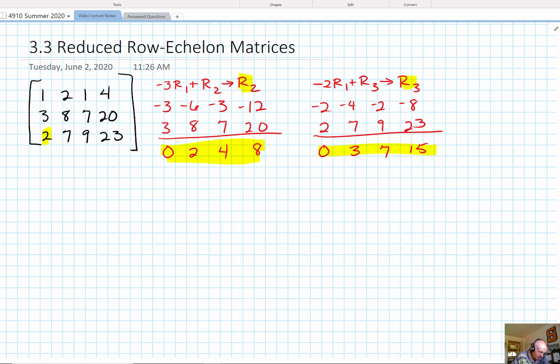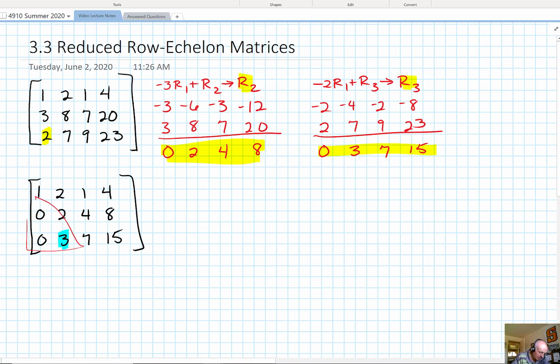Okay, so now we do need to write down our matrix. We've got our leading term right there, and then new row 2, so we've created a 0 below that leading term, and new row 3. What's left is to create a 0 right there. We're looking for this little triangle of zeros as our goal, if we can get it.